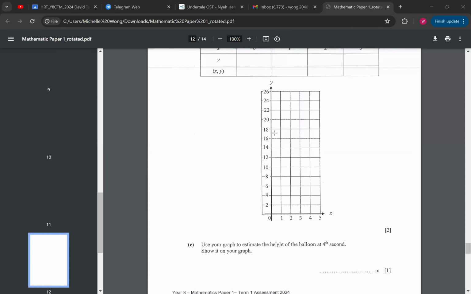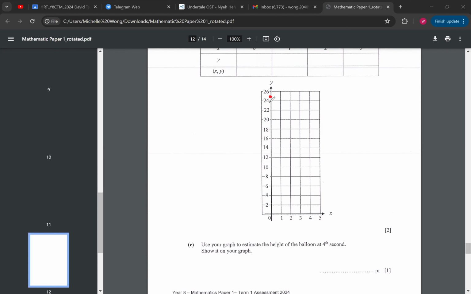Now we have to plot in the graph. So this now was from (0, 25), so it'll be here.